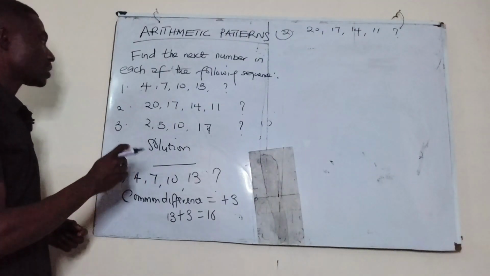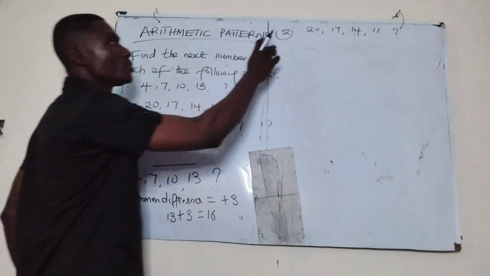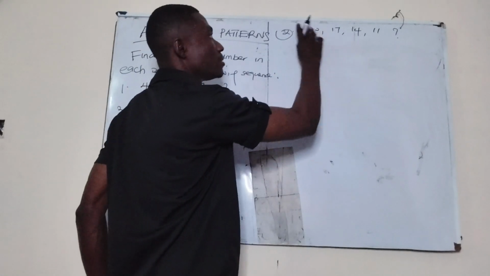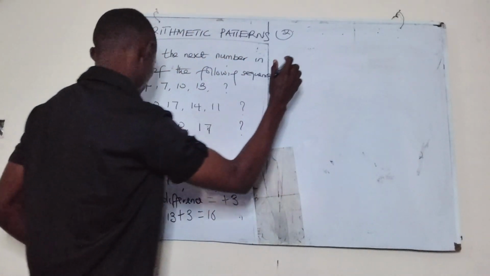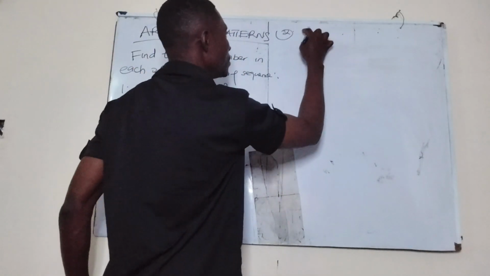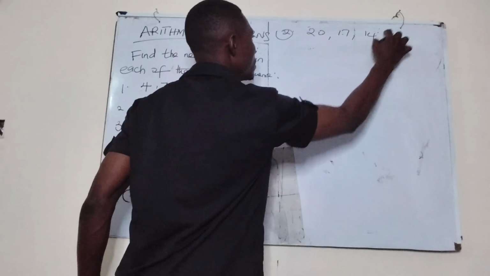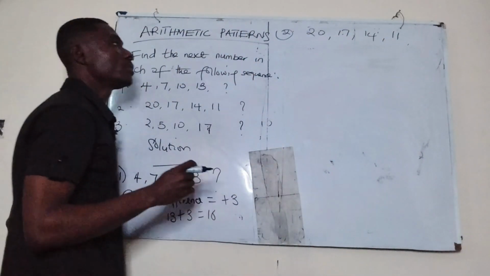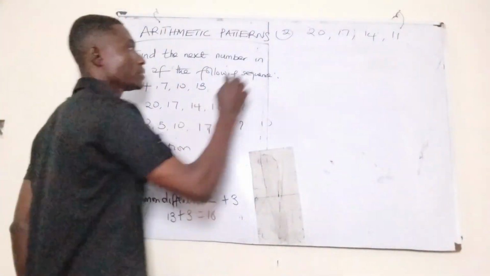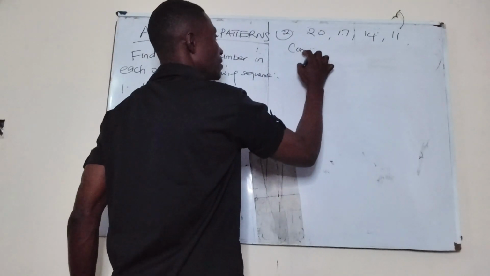So we could also look at our example 2. Number 2 says that we're having 20, 17, 14, and 11. Let's also look at the common difference.